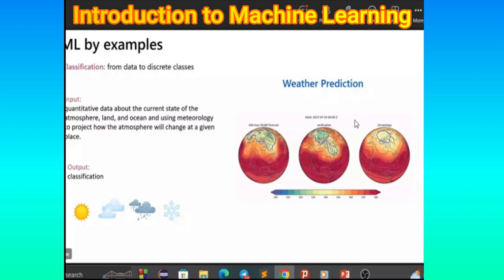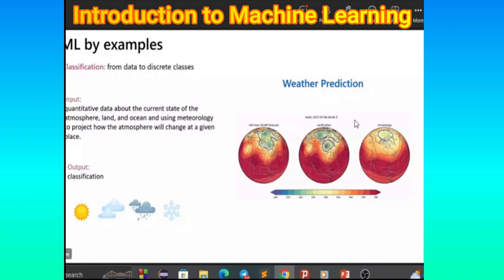And combining those numbers, you will say, okay, on this day it's going to be sunny, or cloudy, or rainy. And you can even associate the numbers that you predicted with these specific scenarios. Or there could be snow, depending upon the number. But the input would be the quantitative data about the current state of the atmosphere or the land and ocean, and using technology to project how the atmosphere will change at a given place.